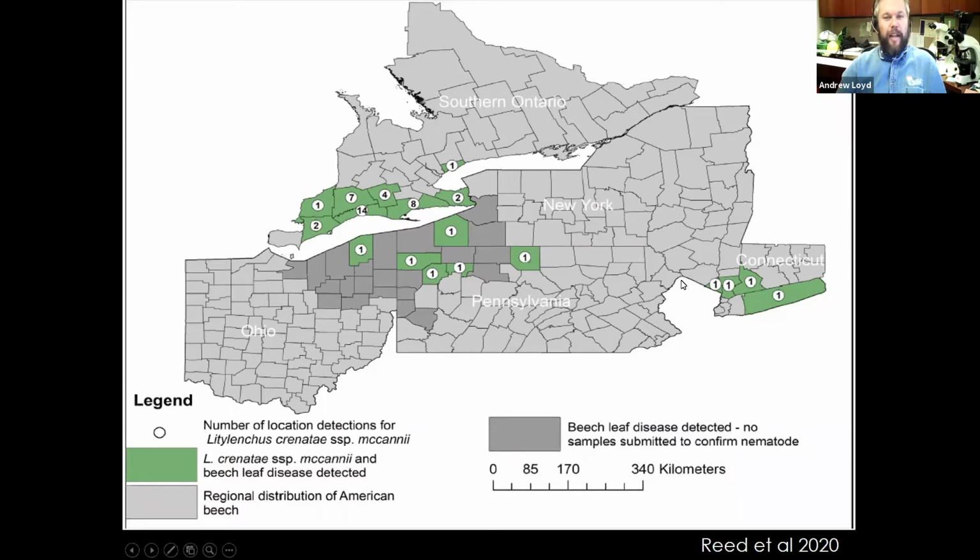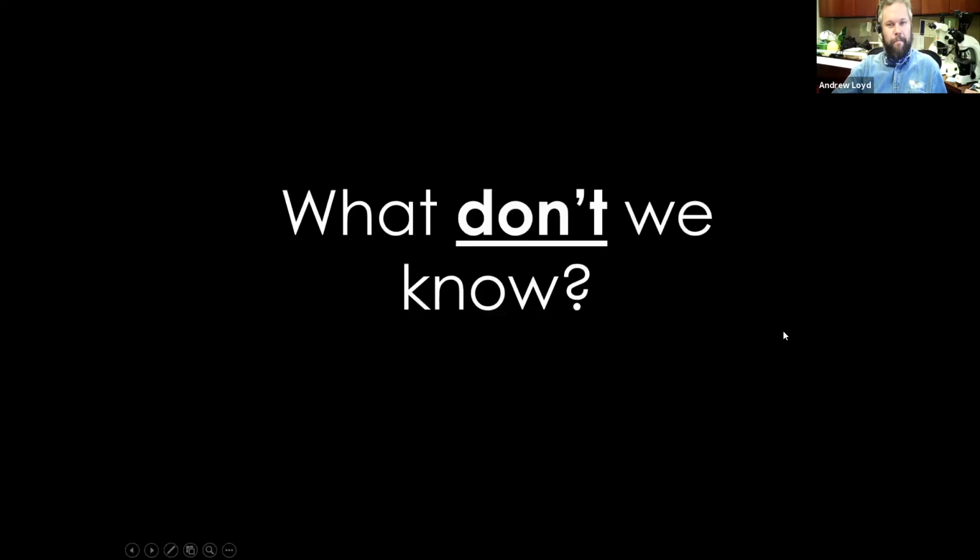We do have some documented cases where we think it's been spread in the nursery trade, but the nursery people are aware of this thing now, and they have some state and local ordinances to not move plants out of infected areas. There is no quarantine to date federally, but the states are working to try to keep it local as best they can. But it's still spreading naturally, and we haven't figured that out exactly yet.